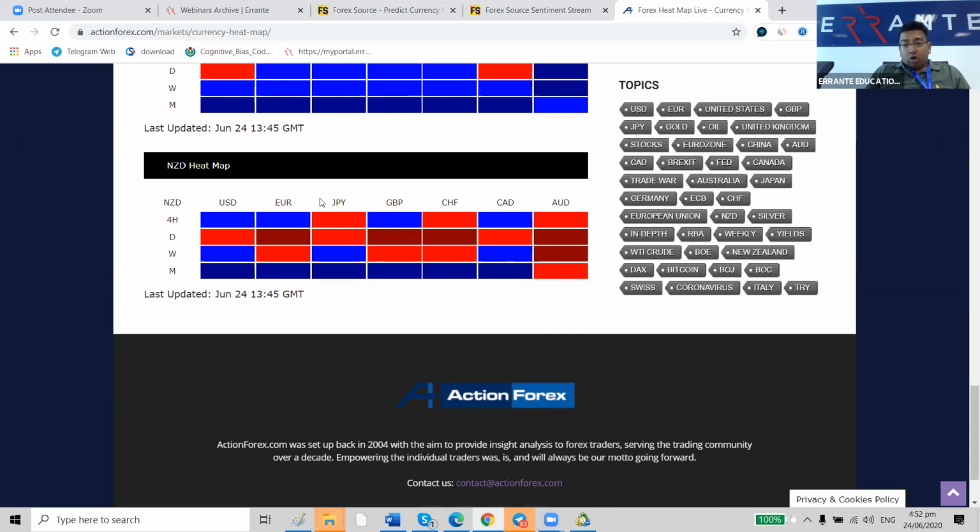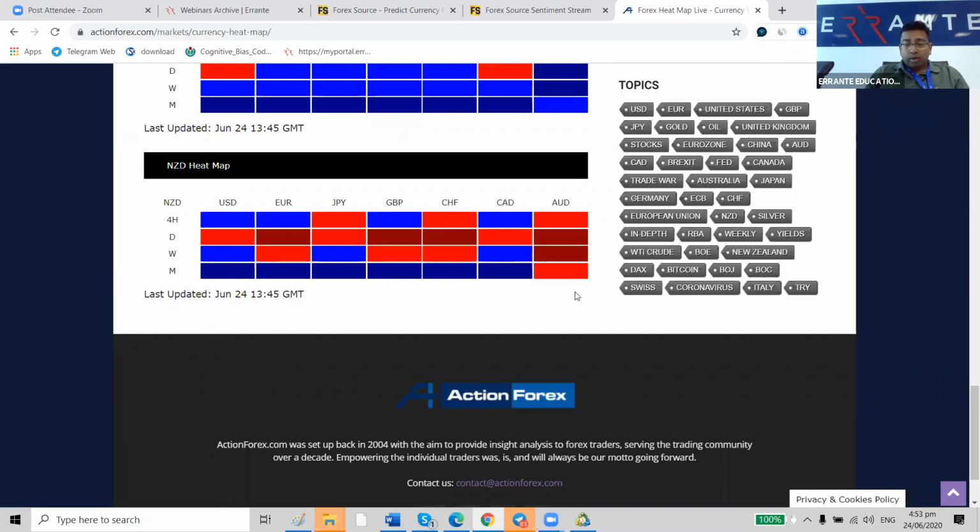But if you've got a column that is a mixture of red, blue, dark red, and too many colors, it's not really good. You want to look at a column that has more of one color but two tones, like one color red with dark red and light red. This one is all mixed, red and blue again and again. It's not really nice.